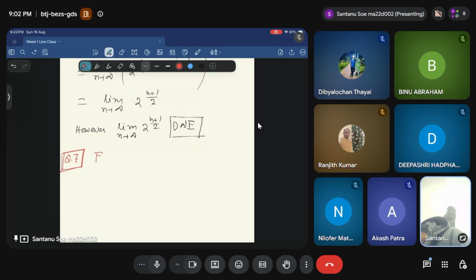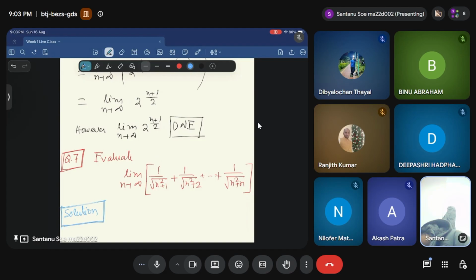Evaluate the limit n tends to infinity of 1 divided by square root of n squared plus 1, plus 1 divided by square root of n squared plus 2, plus and so on up to 1 divided by square root of n squared plus n. Yeah, this is also a very nice question.